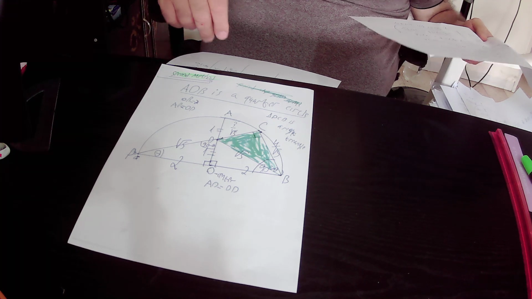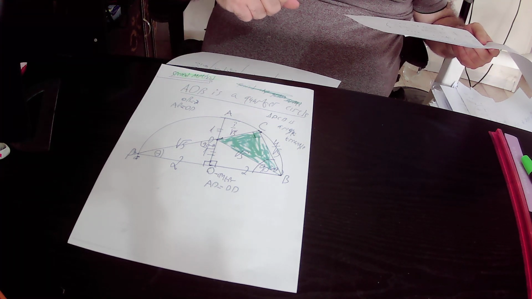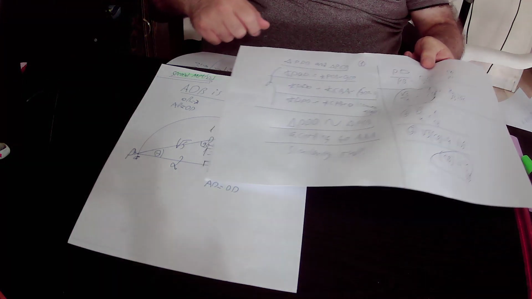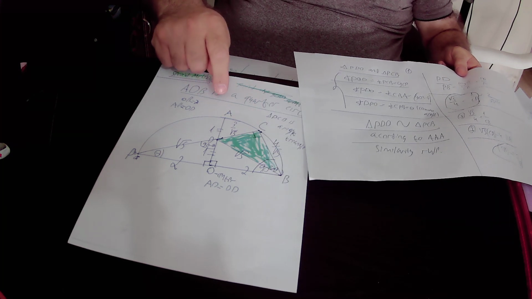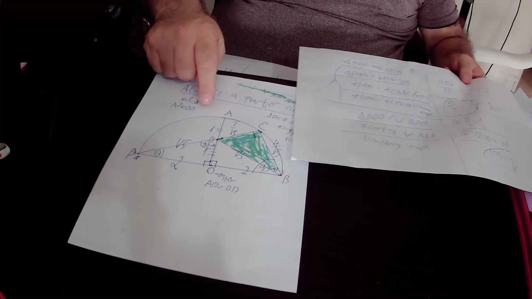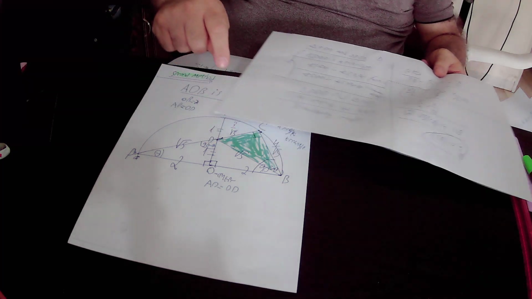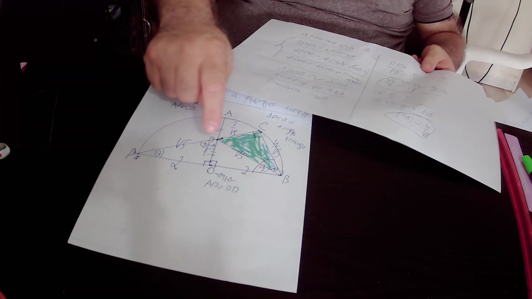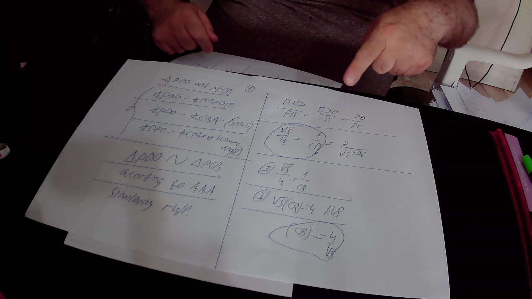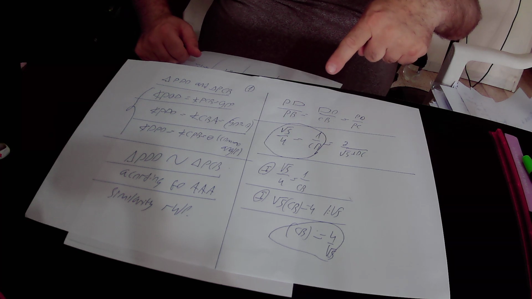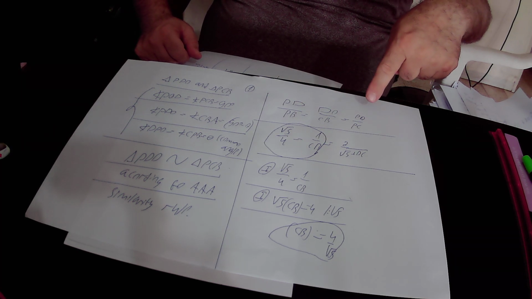And from the fact that the two right triangles are similar, we conclude that PD over PB equals DO over CB, and it is also equal to PO over PC.